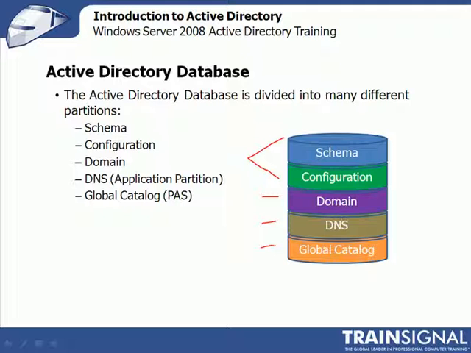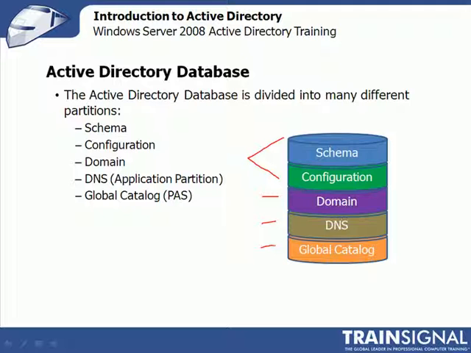So the reality is everything that is in the global catalog partition to some extent is also in one of the domain partitions, where those domain objects actually exist. Now, when we talk about the global catalog in more detail, this will make a lot more sense. But I just want you to get the idea that this database is divided into these different partitions.